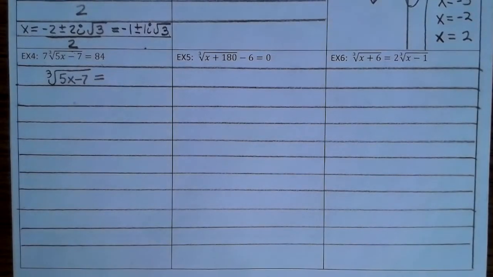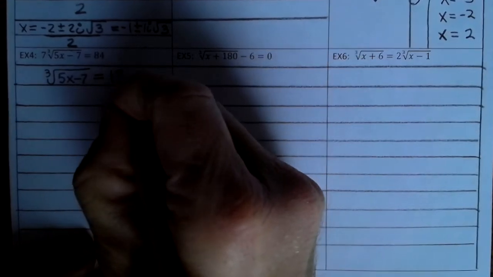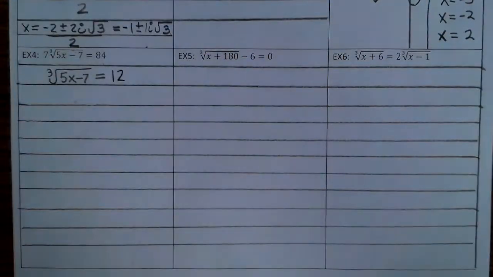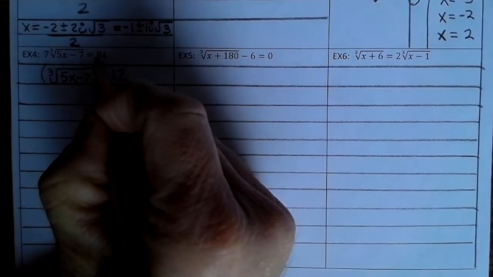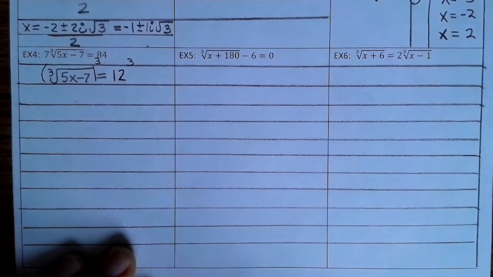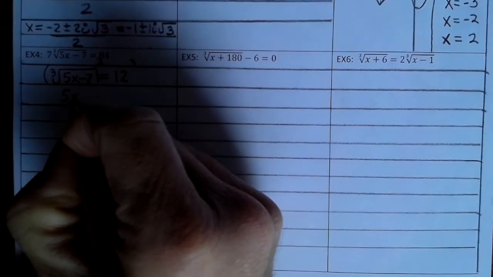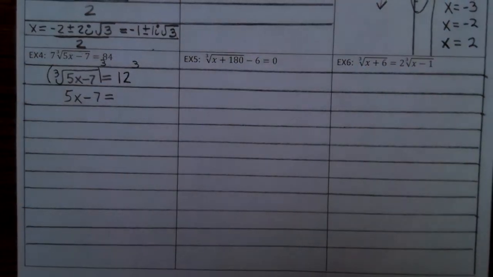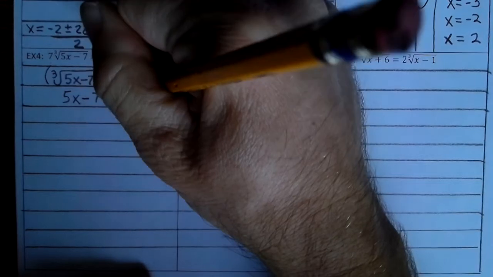Okay, now we need to cube both sides. The cube uncubes the cube root, so then that's 5x minus 7 equals 12 cubed, which is 1,728. We're going to add 7 to both sides, so you get 5x equals 1,735.